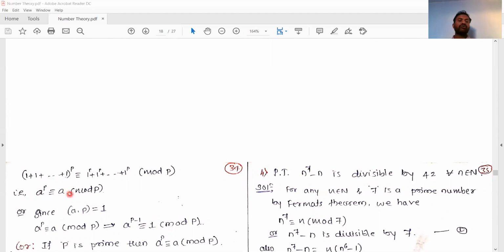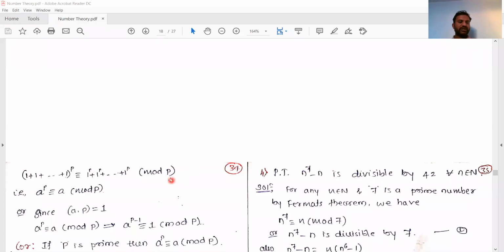Then what is 4 raised to 7? That you have to calculate. Or you may take 4 raised to 6, that is p minus 1, if you write directly. Then is that congruent to 1 mod p? That you have to check. So 4 raised to 6, what are we getting?